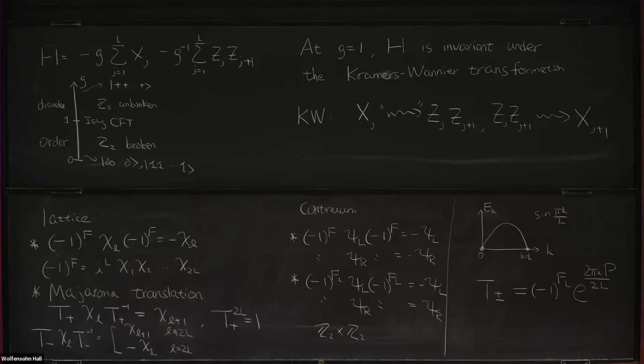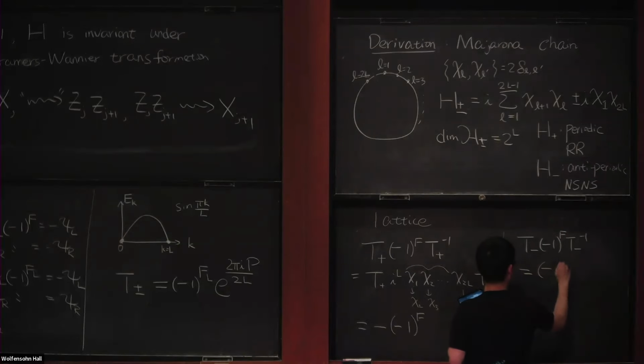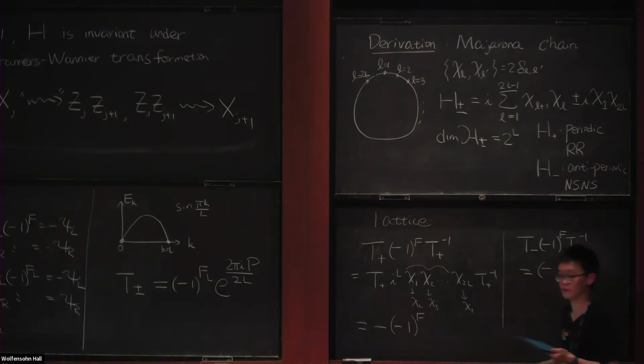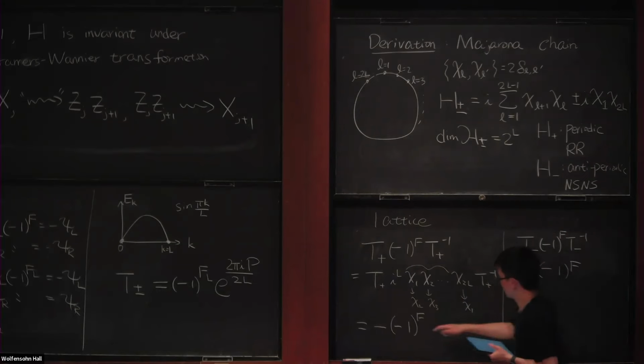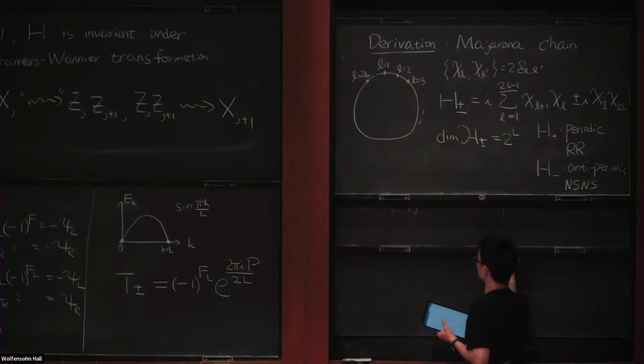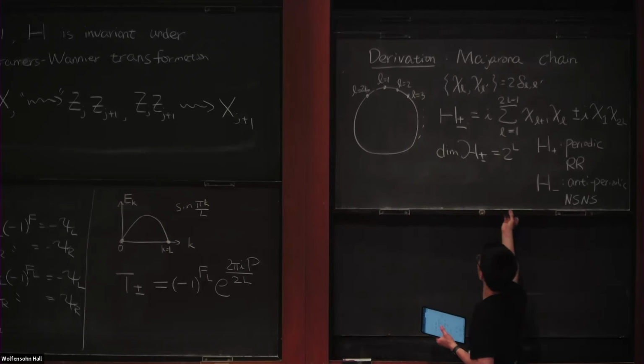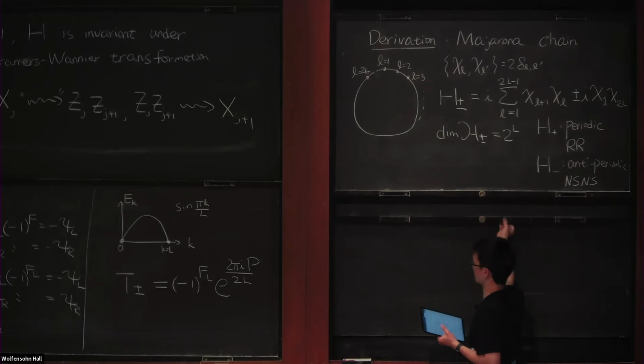On the other hand, if you compute t minus with (-1)^F, because of the extra minus sign you have here, they end up commuting with each other. And this minus sign is reflected in the continuum field theory.